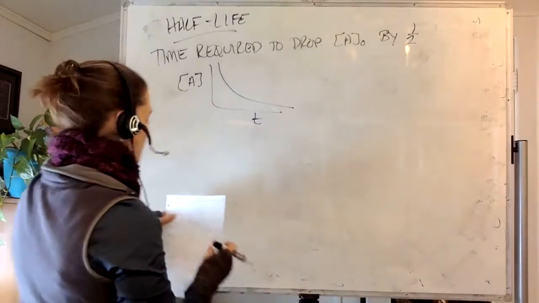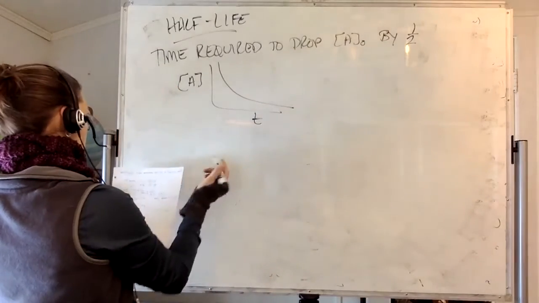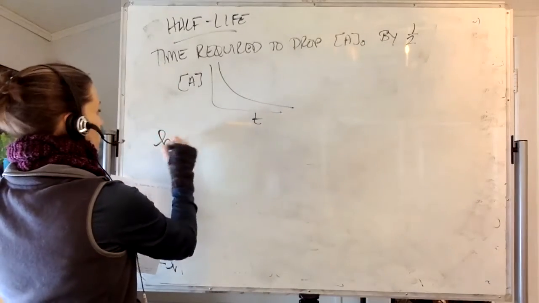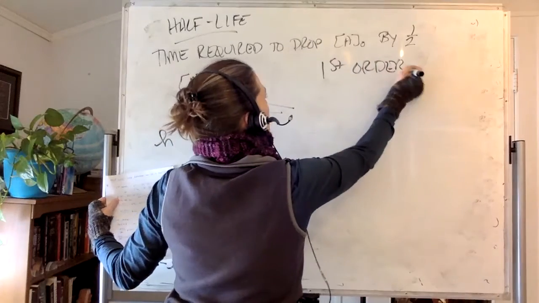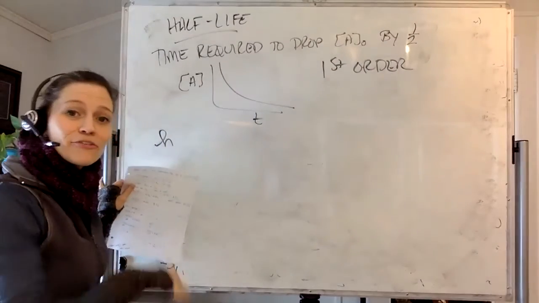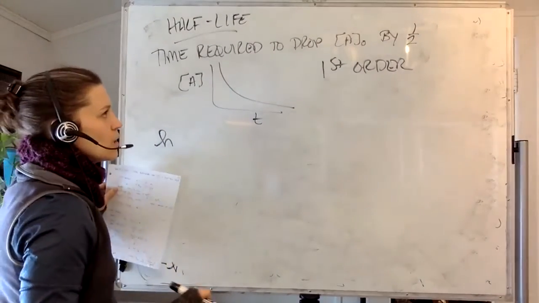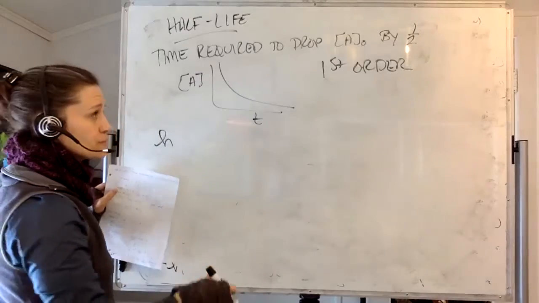Okay, so how do we find the half-life? Well, this is for first order, because spoiler alert, the half-life is different for every type of order reaction.